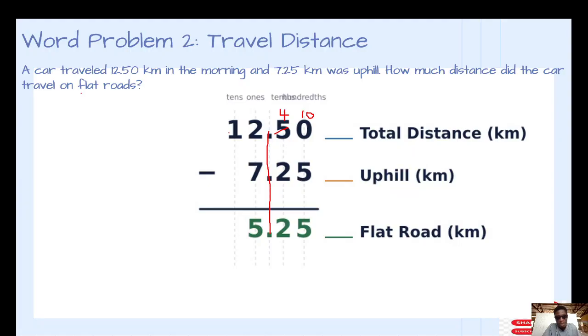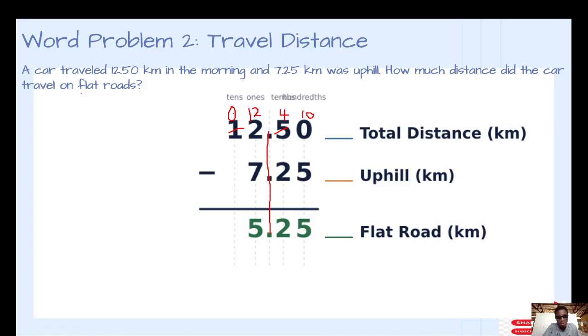The 2. Remember, when you borrow 1 from here, you'll be left with 0 here, and then here you have what? 12. So now you can subtract 7 from 12, leaving you what? 5. So our final answer is 5.25.